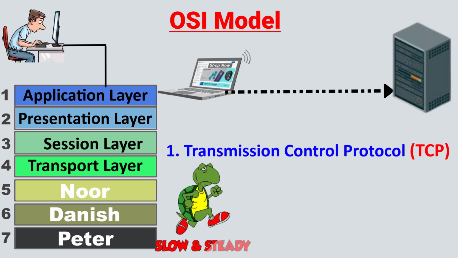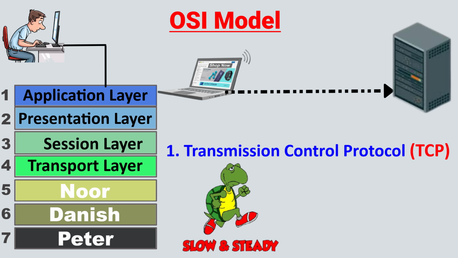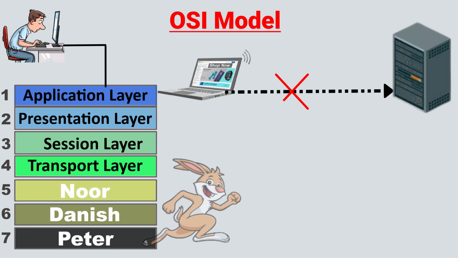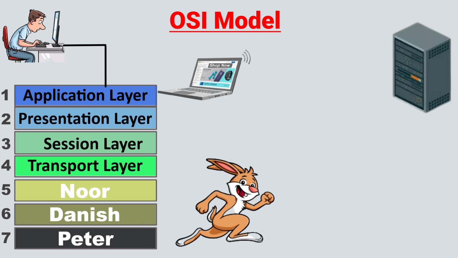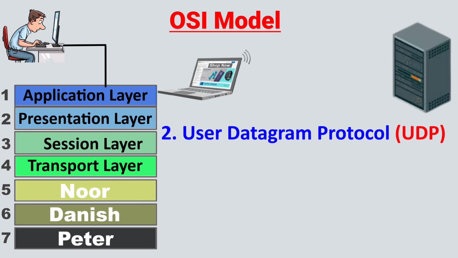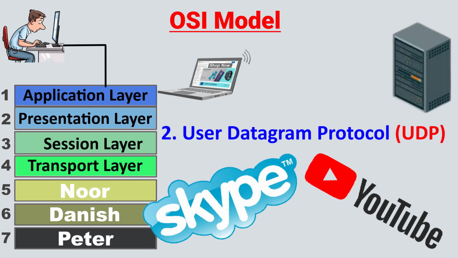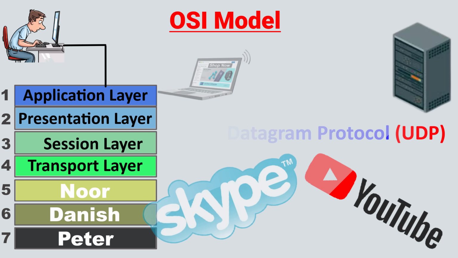TCP sends data at low speed and retransmits it if some data is lost. But if you want to send data at fast speed without an established session and don't care whether it is received on the other side or not, in that case we use the UDP protocol. Normally voice and video streaming use the UDP protocol to transmit data.